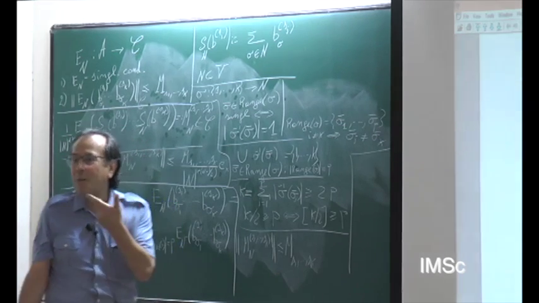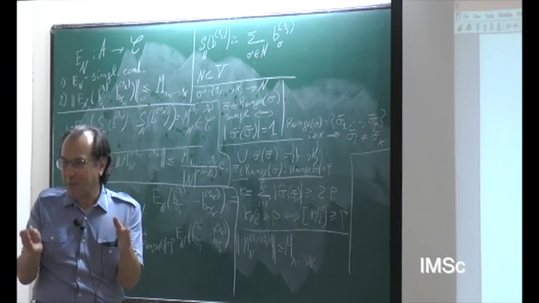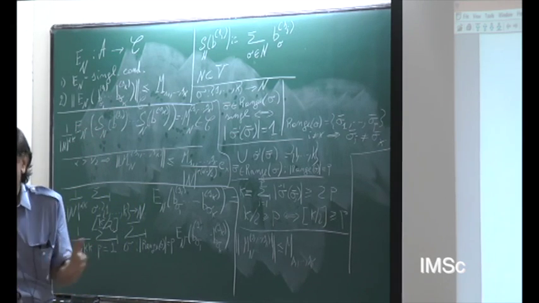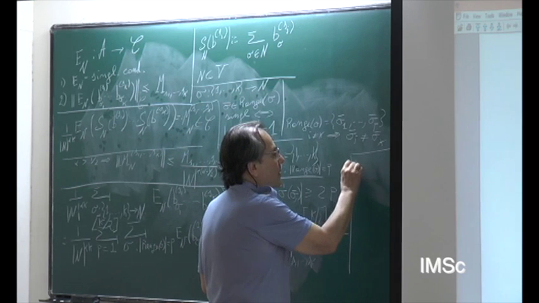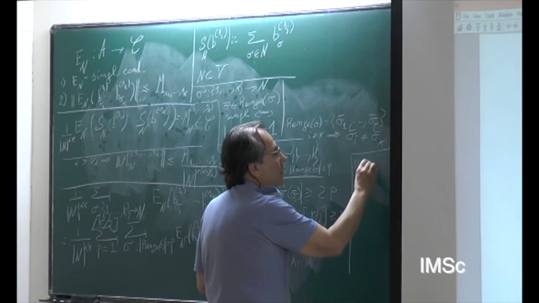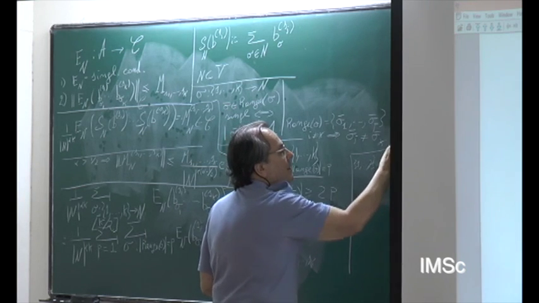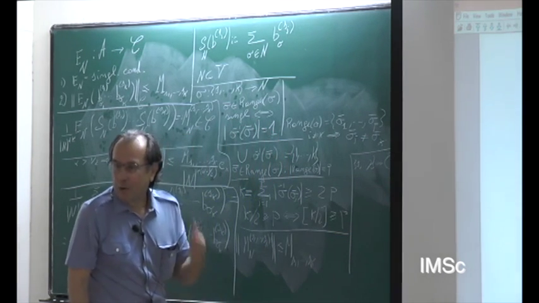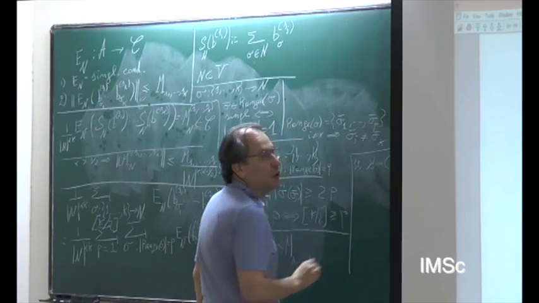Okay, how many choices shall I do? We must count. So we must see the choices. So we have the set 1 to k, and then we have this big set n.